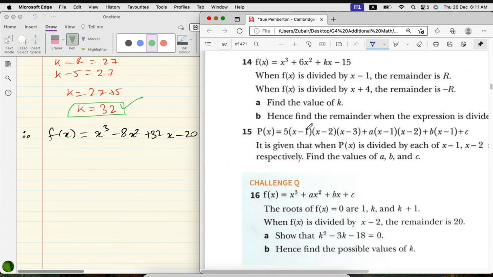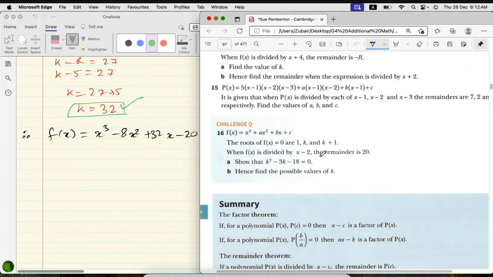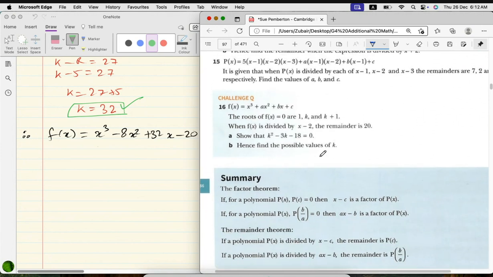Number 14 is again the same. Let's try 15. It says the polynomial p of x equals 5 into x minus 1, x minus 2, x minus 3 plus a into x minus 1, x minus 2 plus b into x minus 1 plus c.